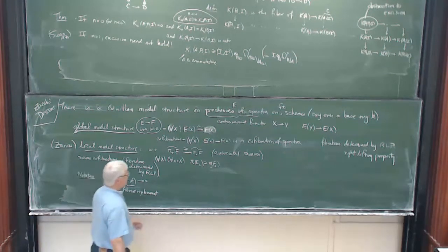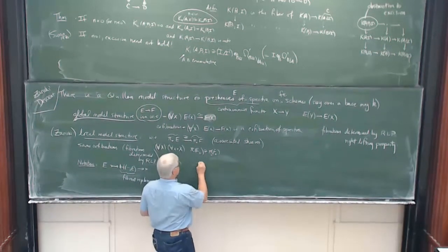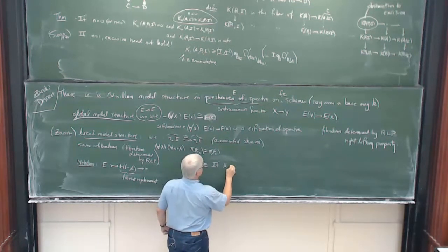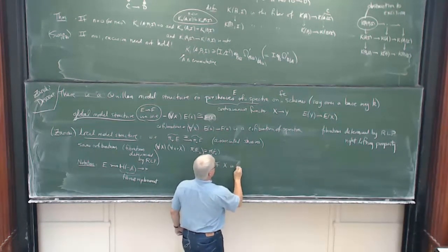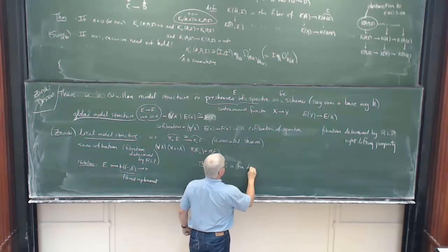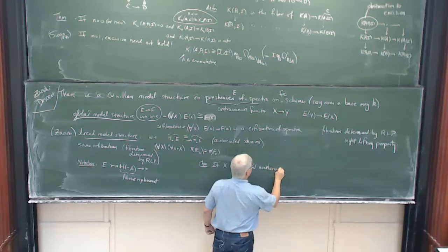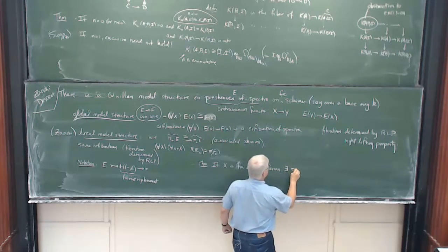And the point of this is that if X is Noetherian, finite dimensional, there exists a spectral sequence.